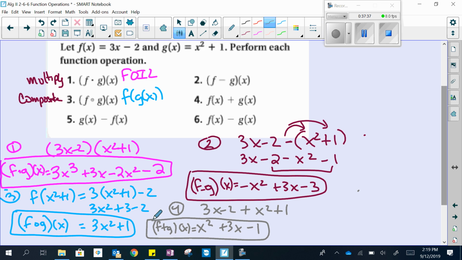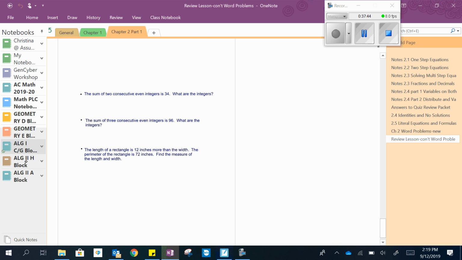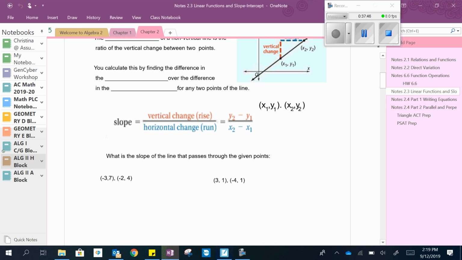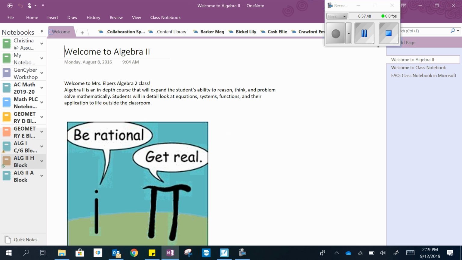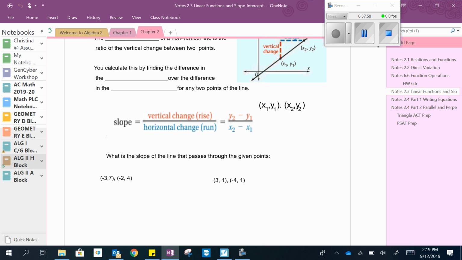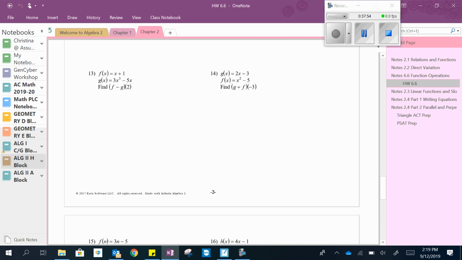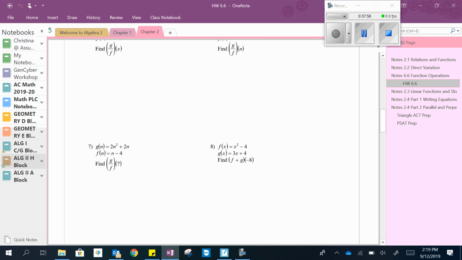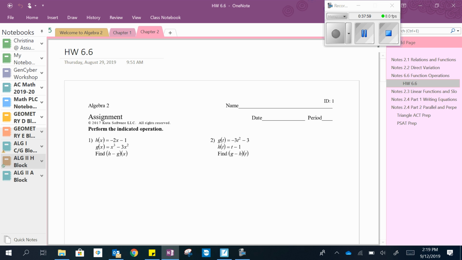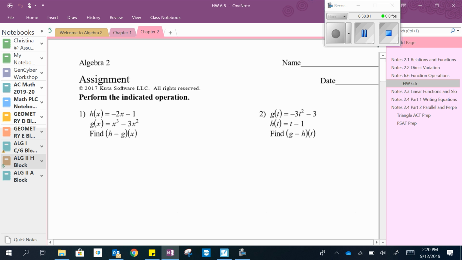All right, let's stop here and look at the homework real fast because I do want to talk to you all for a second about the homework. The homework is the 6.6 homework worksheet. So when you're looking at the homework, are you guys looking at it? Okay. So it gives you the functions that you're going to use.